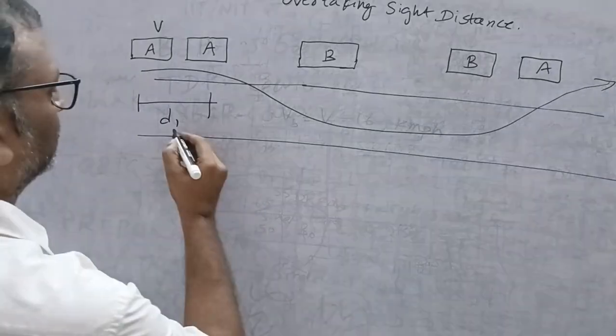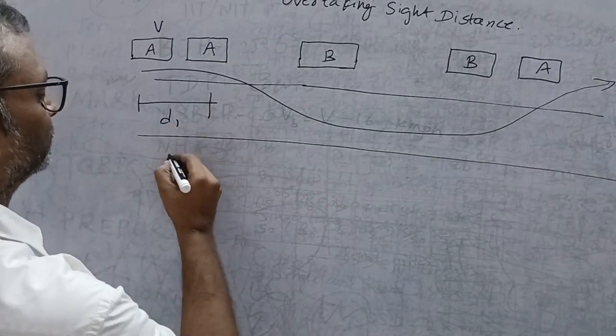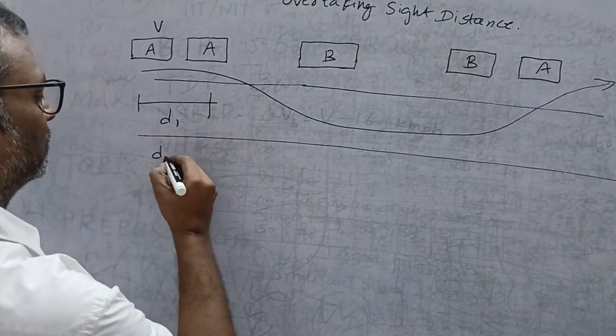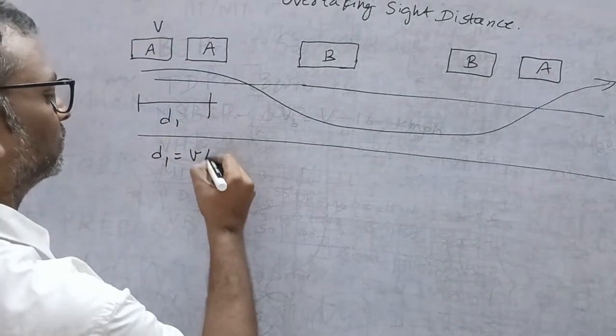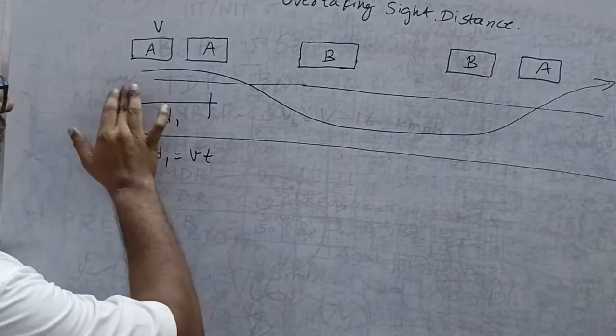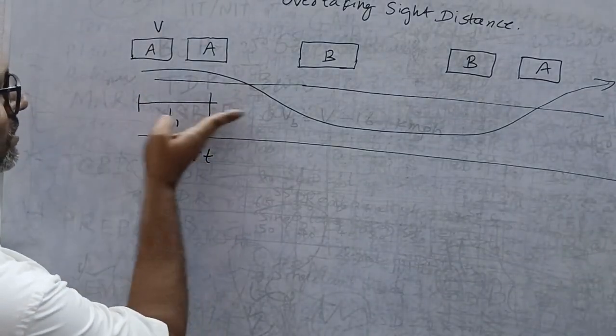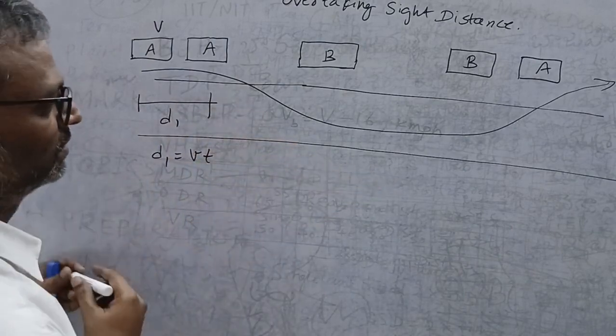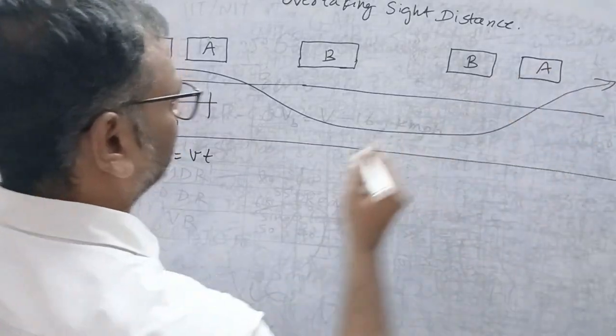Now this distance can be written as small v into time t. For some time it travels, and then maneuvering takes place and it goes like that.